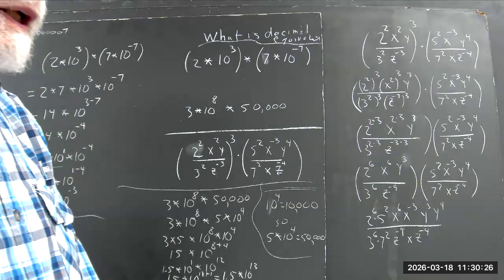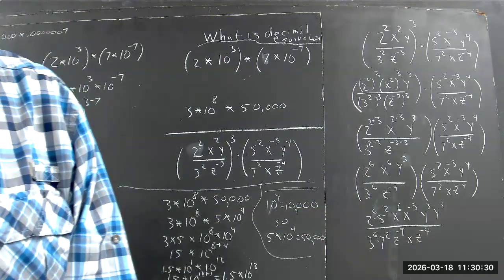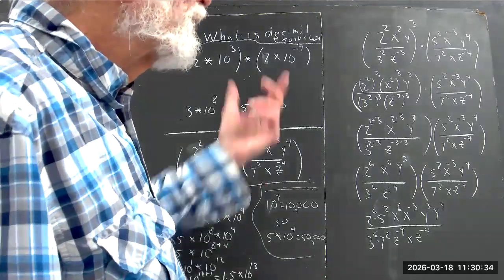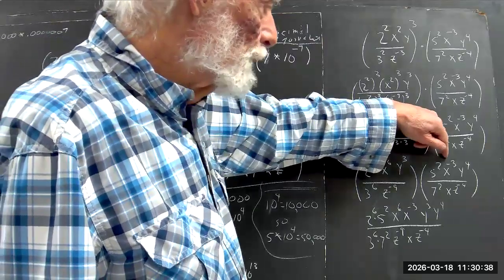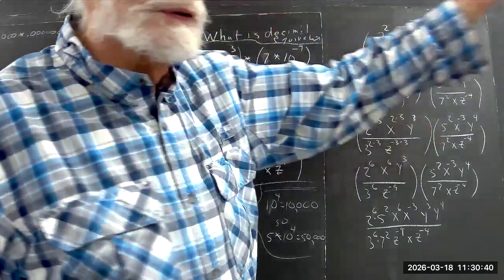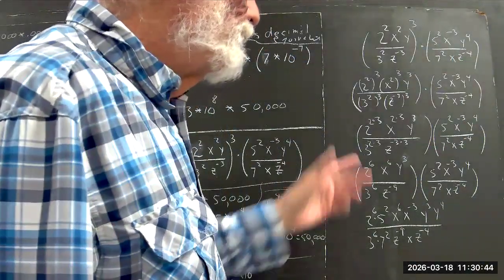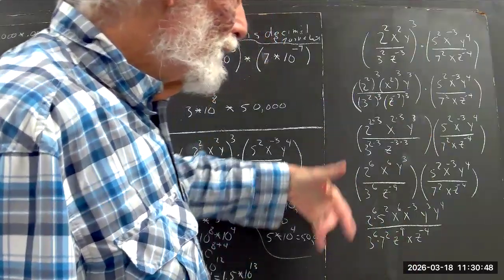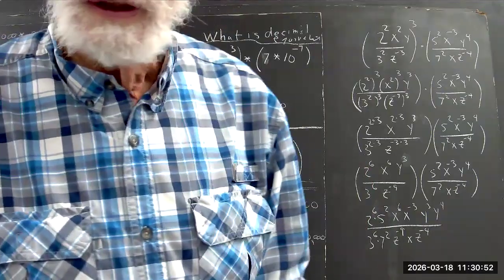Now, when you get practiced with expressions like this, there are things you can shortcut. You could say x to the 6th times x to the negative third is x to the third, right? x to the 6 minus 3. You could skip directly from this down a couple of steps and probably get it right.